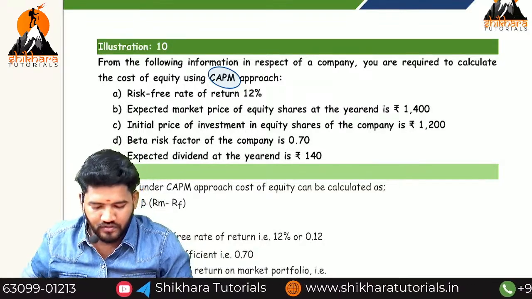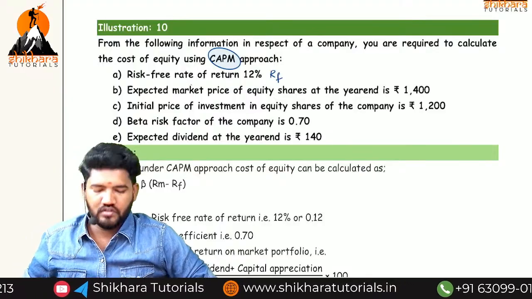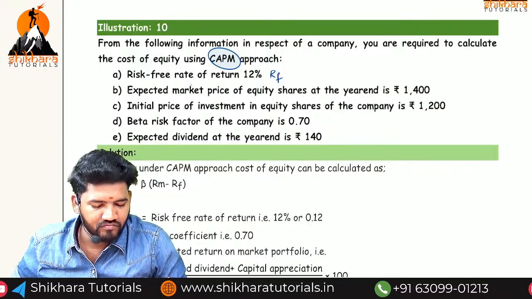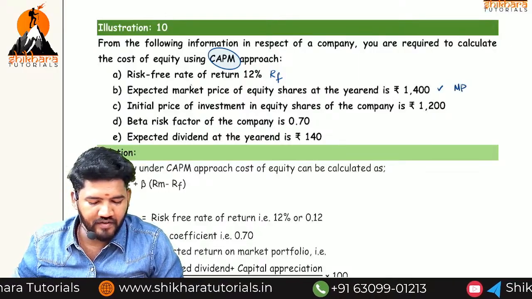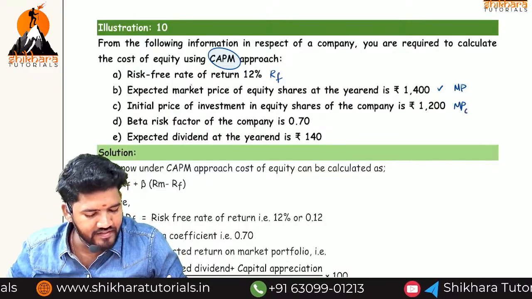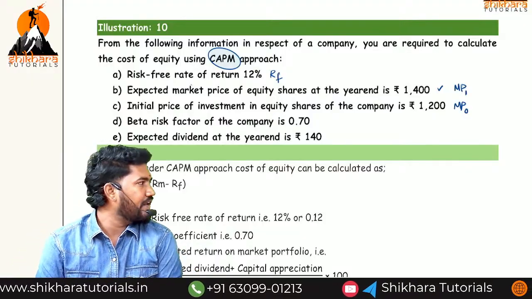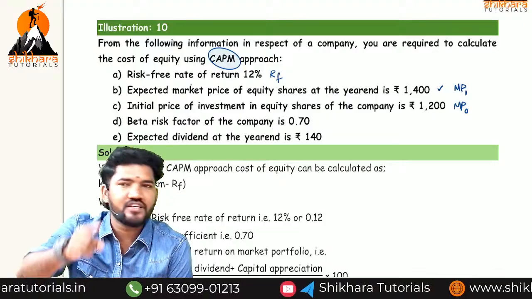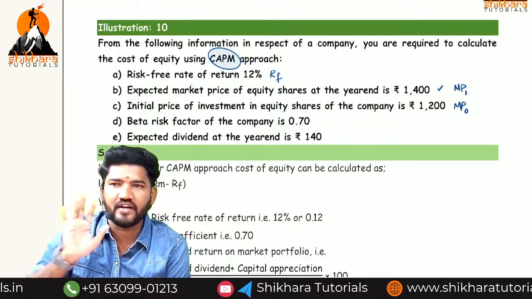Clear? Now, risk-free rate of return. Can I name it? It's called RF. Expected market price of equity shares at year end, market price. Initial price of investment in equity shares of the company, this also is market price. Now, can I write like this, MP0 and MP1? What is the difference between MP0 and MP1? At the time of investment, the share value is 1000, 1200.